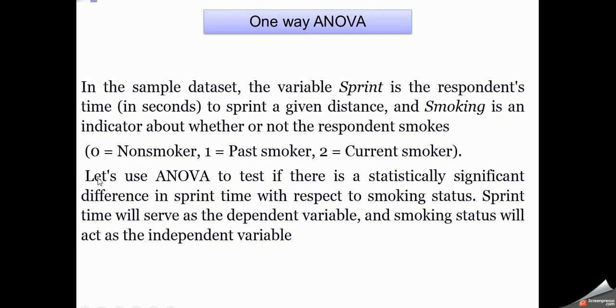Let's use ANOVA to test if there's any significant difference in the sprint time with respect to their smoking status. Sprint time will serve as the dependent variable, and the smoking status will be the independent variable, the categorical variable.